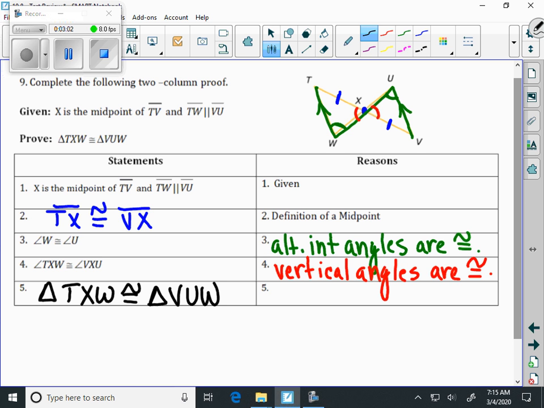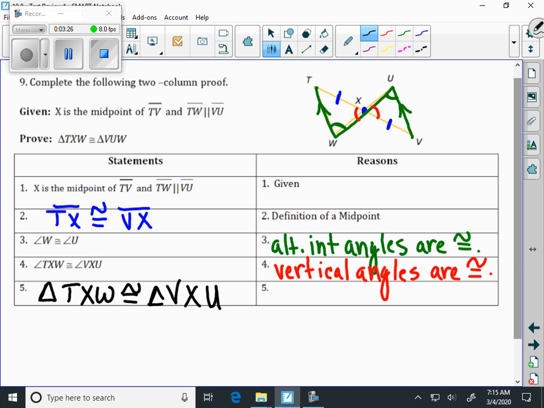Let me just look real quick here. Yes, I'm going to change this, so scribble this out on your paper. It's going to be VXU for our other triangle.